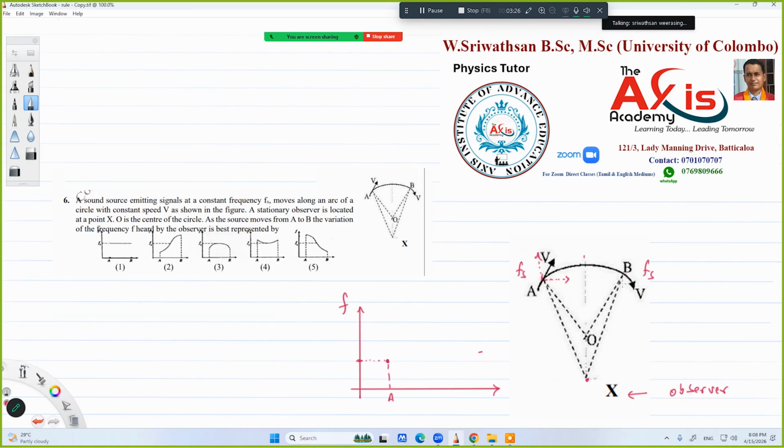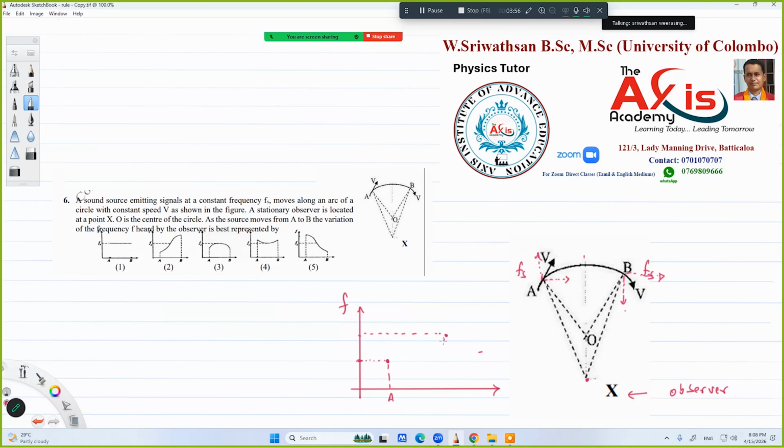When the source is at B, you can again find the components of this velocity v, such as v cos theta. Look at the relevant component: it is towards the observer. When the source is moving towards the observer, the apparent frequency will be high.